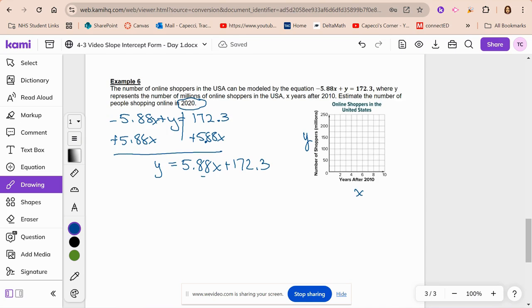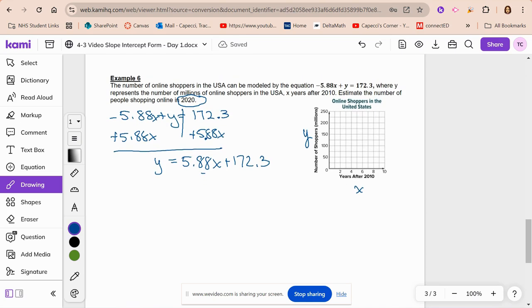I can put that in a mixed number and improper fraction, but a lot of times with word problems, you get that. So instead of graphing it in slope-intercept form, I'm going to just substitute some values in and then just connect them. First of all, my y-intercept I know is 172.3, so I'm definitely going to estimate. So here's 175 here, maybe a little bit below. That's my y-intercept.